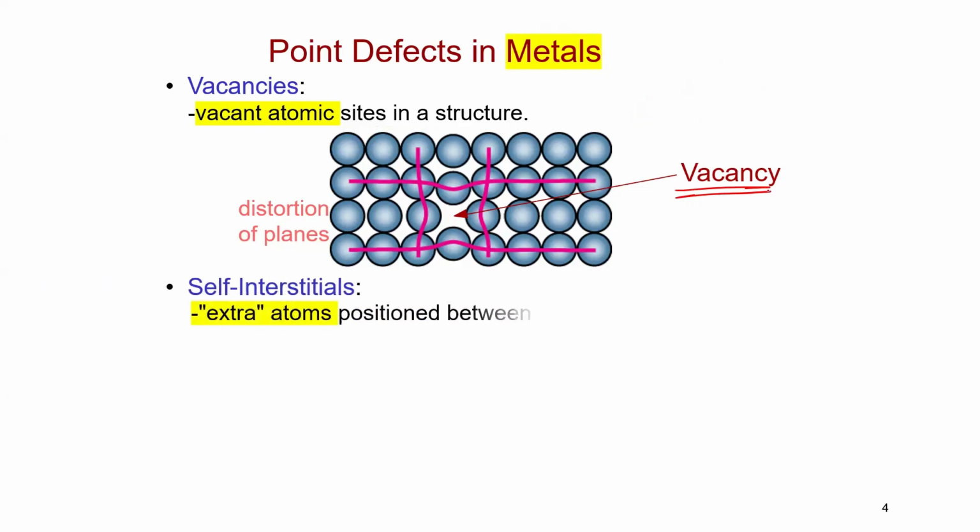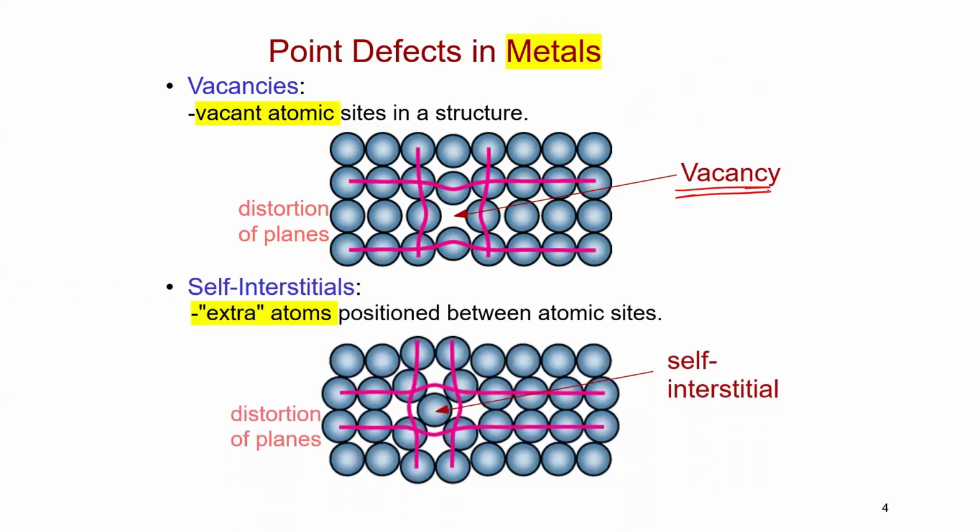And we can have a self-interstitial defect. That means you have an extra atom in some position. You can see here, we should not have this one, but we have an additional atom in a place where it should not be. That kind of defect we call a self-interstitial defect. When we have a different element here, we will discuss it later.